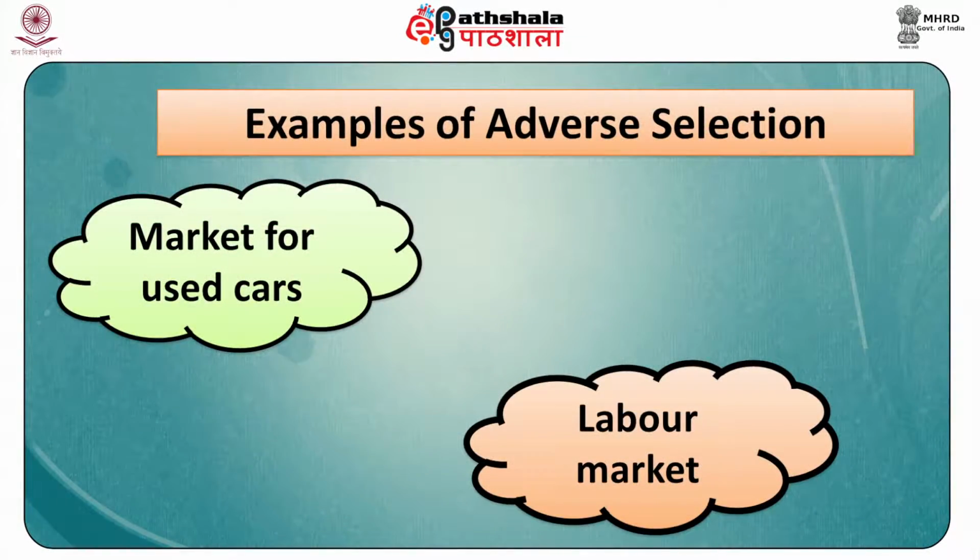The classic example of adverse selection is the market for used cars. Sellers of used cars know their vehicles' defects while buyers often do not. The owners of the worst cars are more likely to offer them at a price higher than their actual marginal cost because of the advantageous information asymmetry.